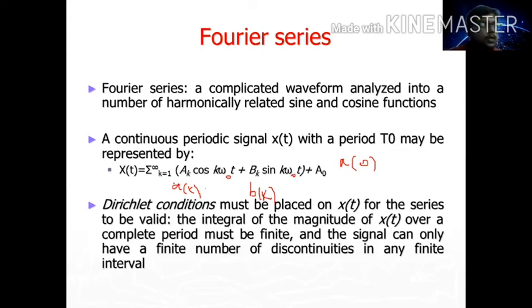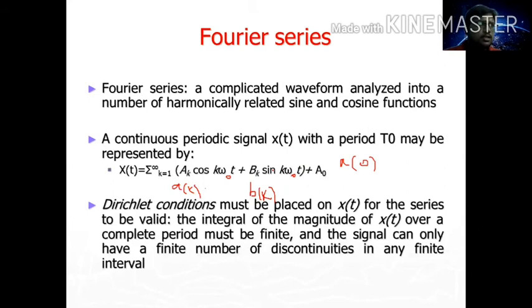Okay, so a reference trigonometric Fourier series can be represented like this: x of t, this is your time domain signal, which is equal to a of 0 plus summation k equal to 1 to infinity a of k cos k omega naught t plus b of k sin k omega naught t. So the Fourier series is a complicated waveform analyzed into a number of harmonically related sine wave and cosine wave functions.